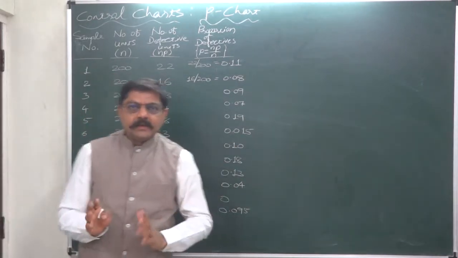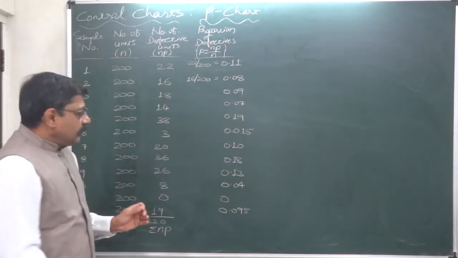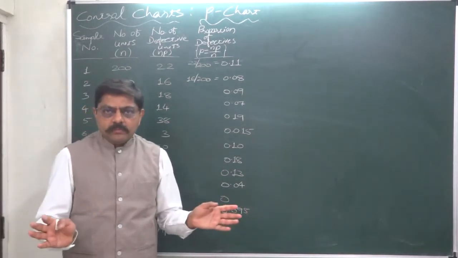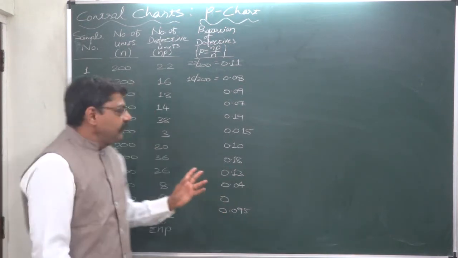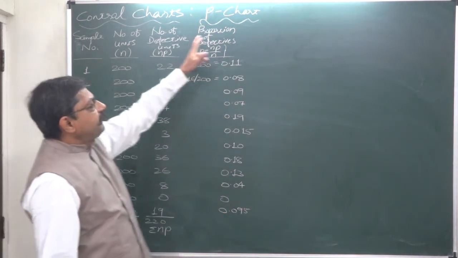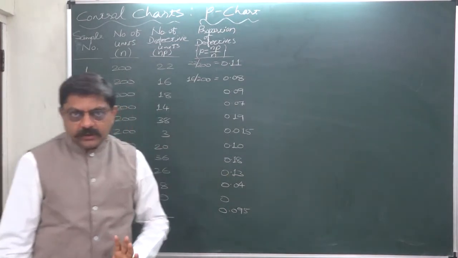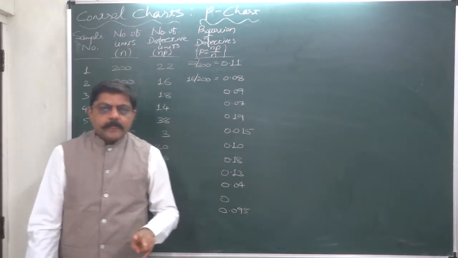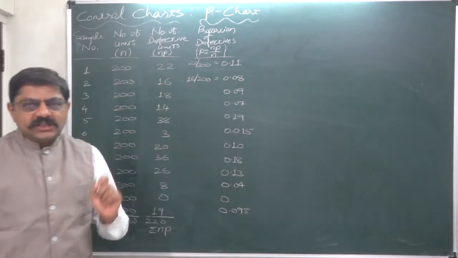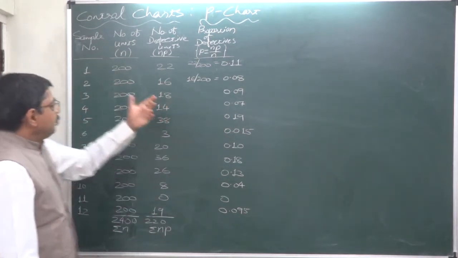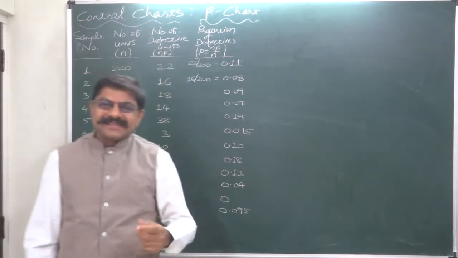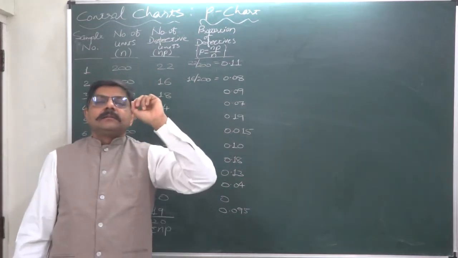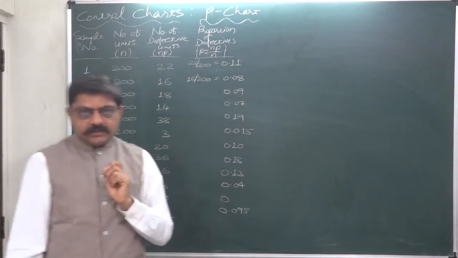I personally believe that there is no important difference between proportion of defectives and percentage of defectives. But in case of special circumstances where the sample size is not equal, I personally recommend the percentage of defectives chart.